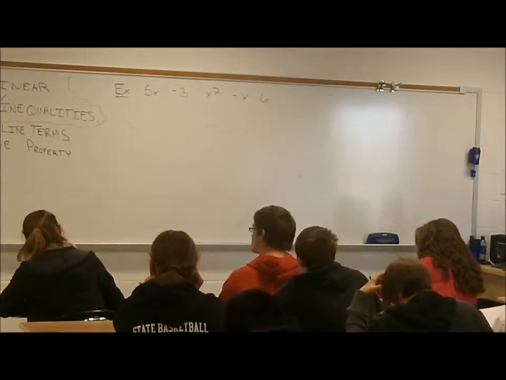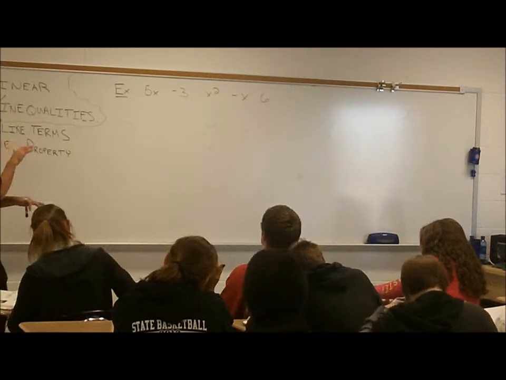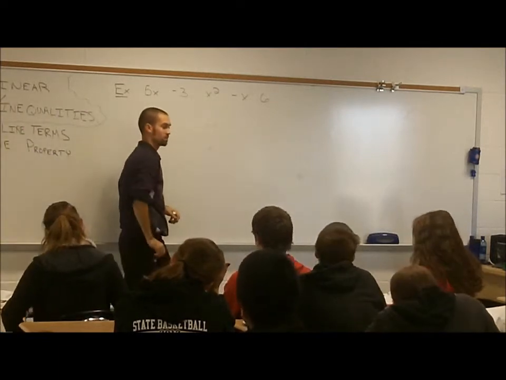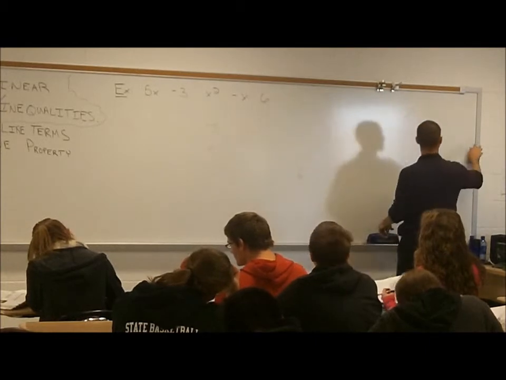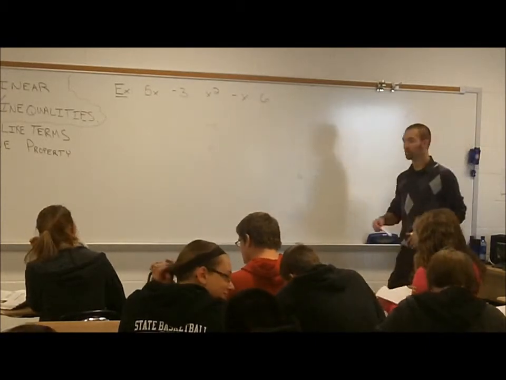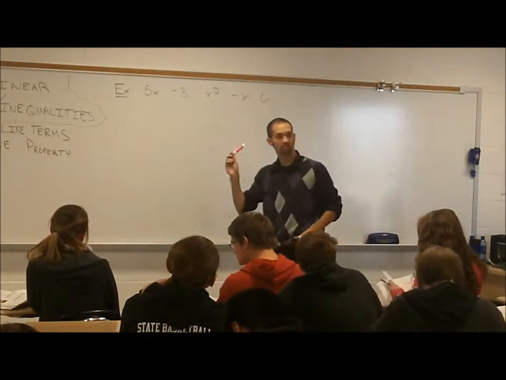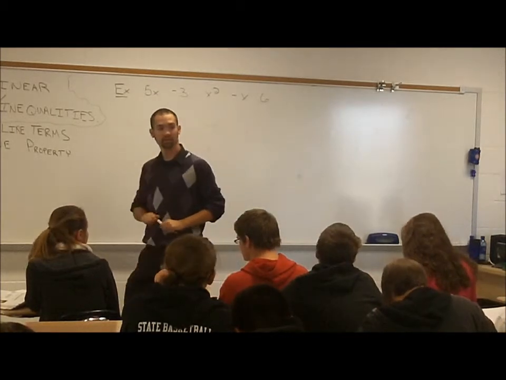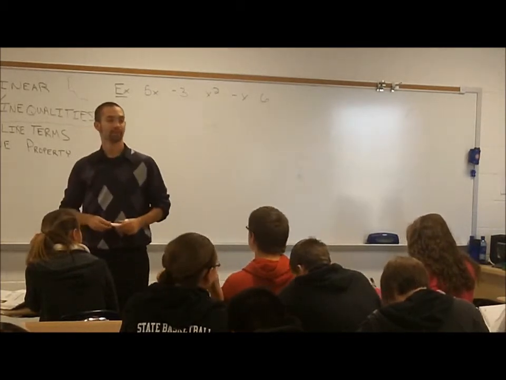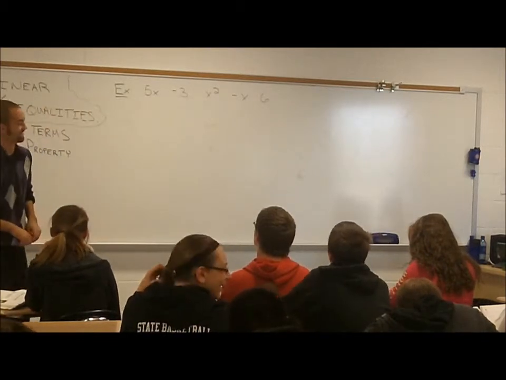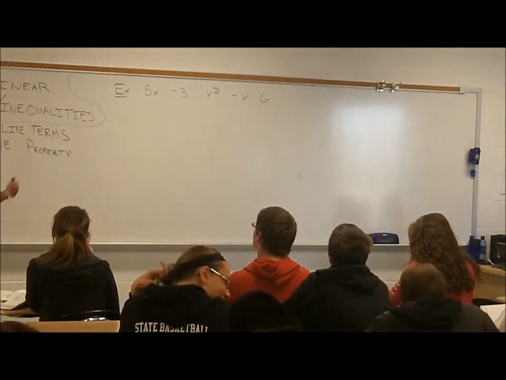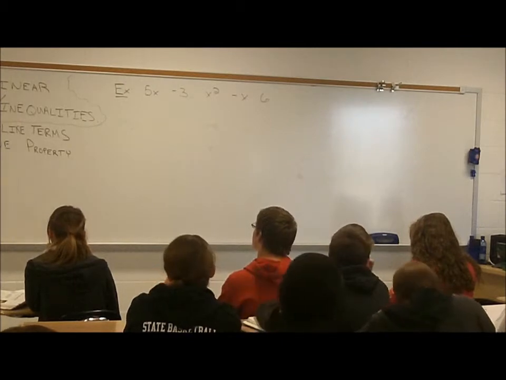Tyler says variables with the same powers are like terms. Do you think you could come up here and underline some of these values that you think are like terms? Anybody think they can come up here and underline?